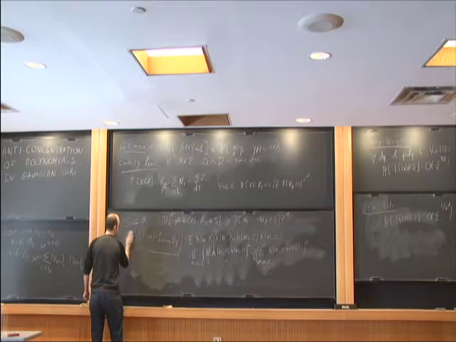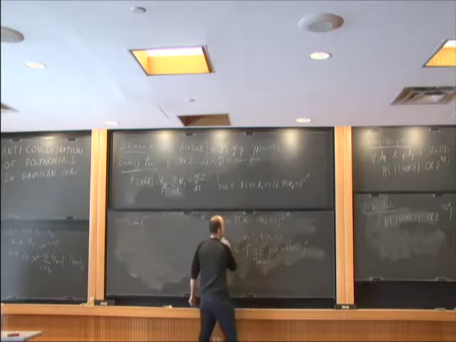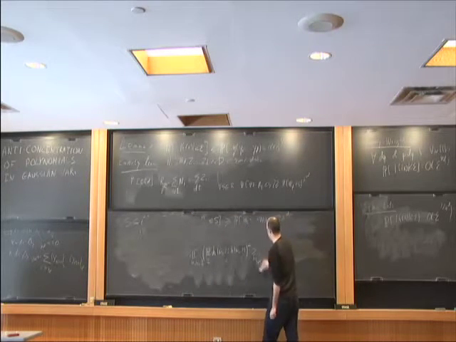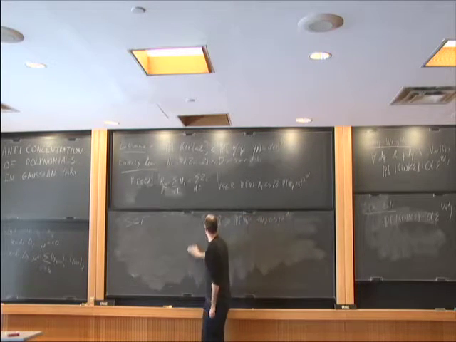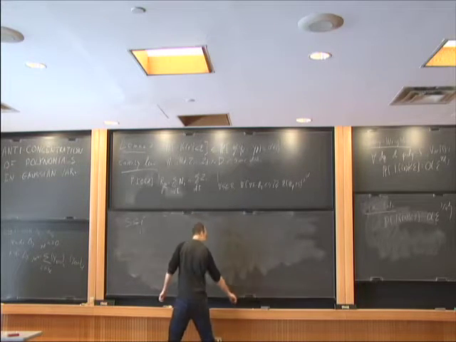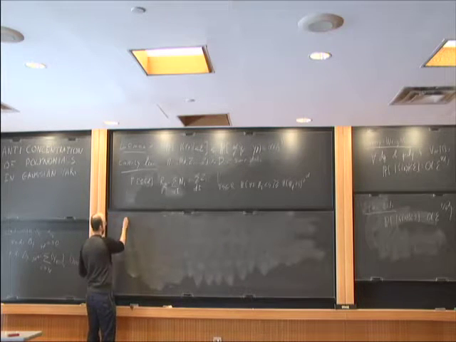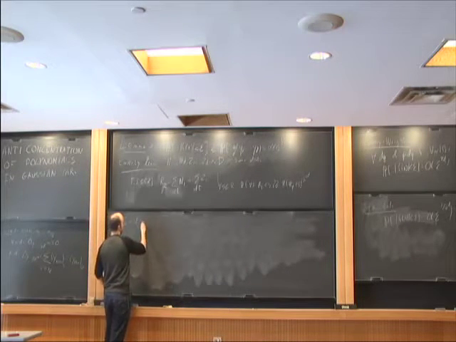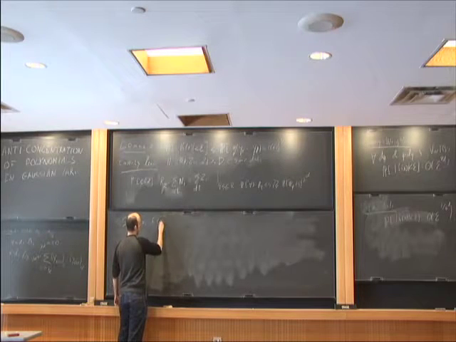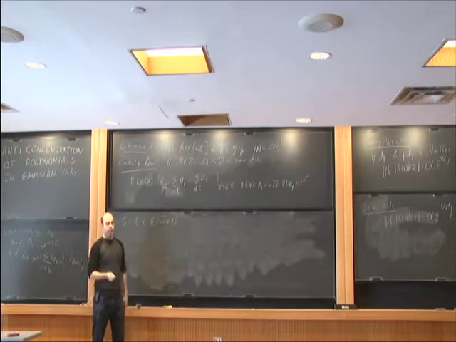So how do we apply it here? Let S be the set of all x's where f of x is at most epsilon. That's going to be our set S.